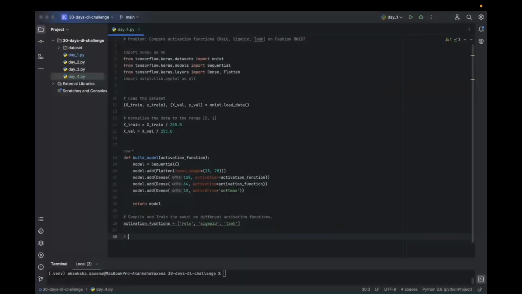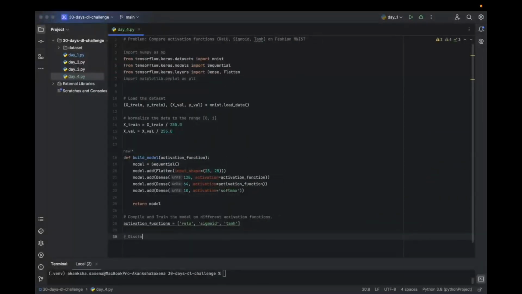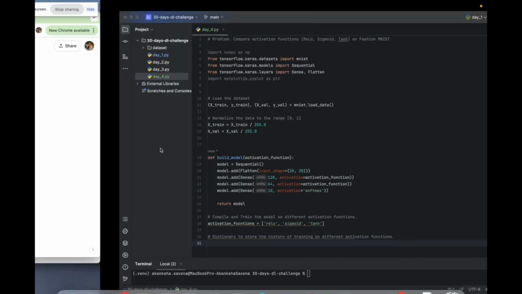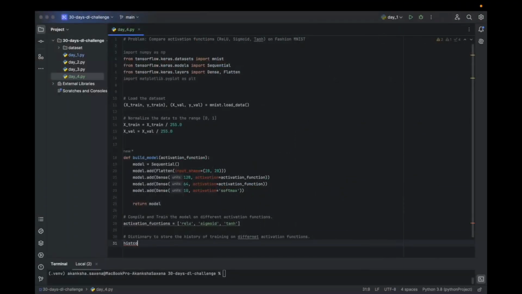Then we are going to have our history, a dictionary to store the history of training on different activations. Okay. So history dictionary.